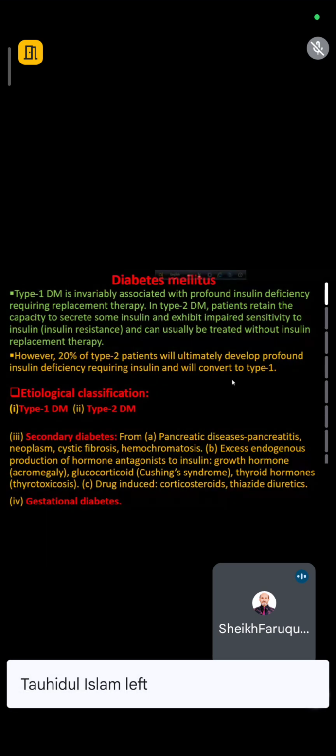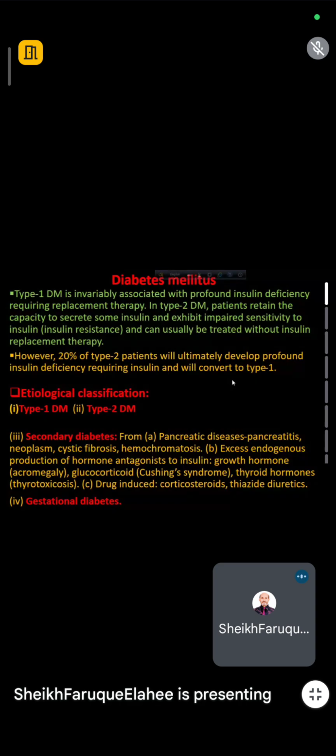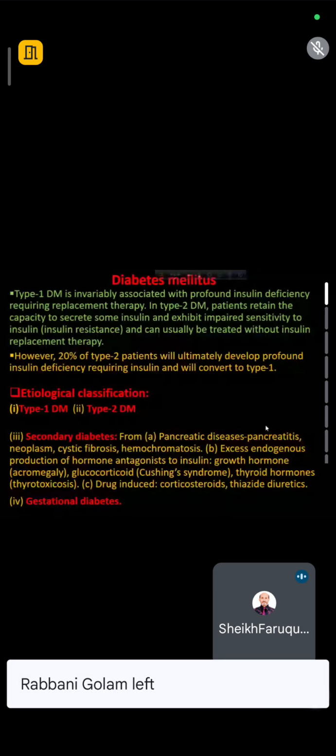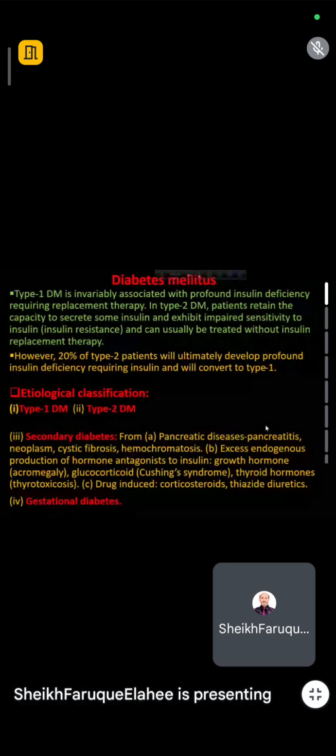Secondary diabetes is that if the insulin producing cells in the pancreas are damaged by some other disease of the pancreas itself. Say for example, there is pancreatitis, acute pancreatitis, chronic pancreatitis. So by this pancreatic inflammation, his islets of Langerhans or insulin producing cells become damaged.